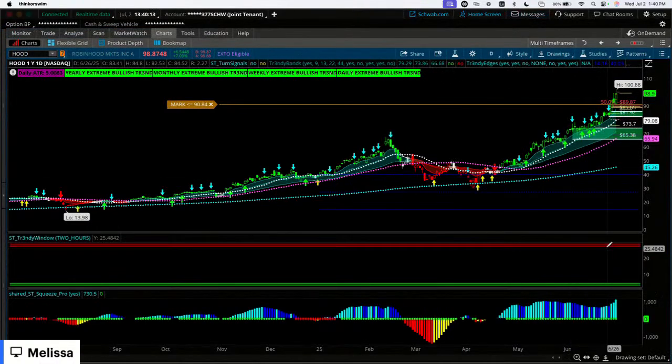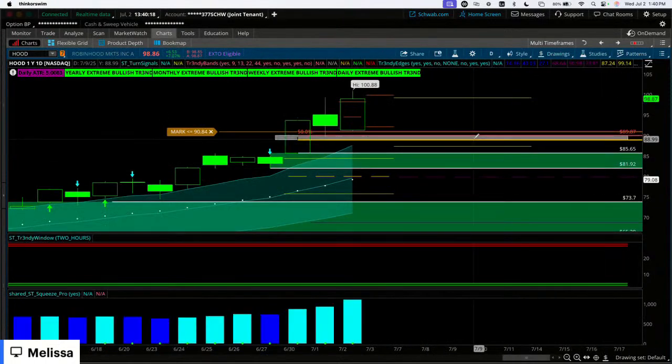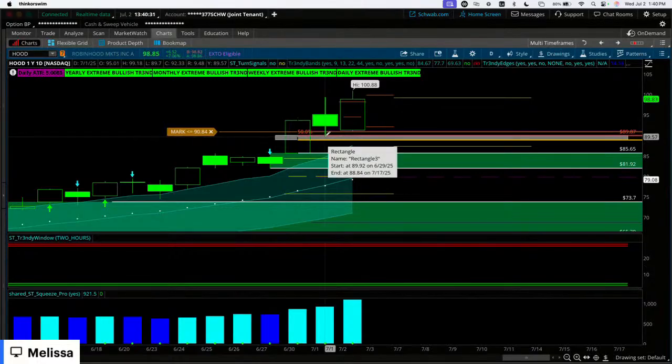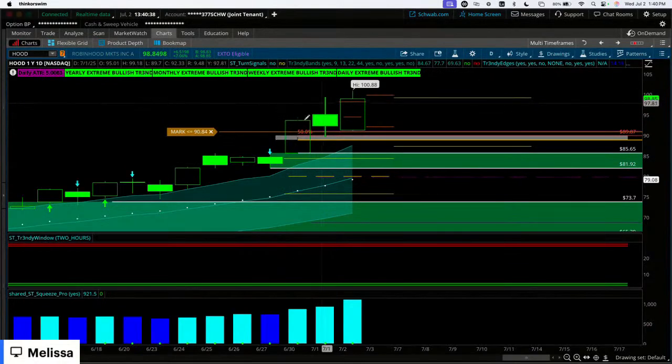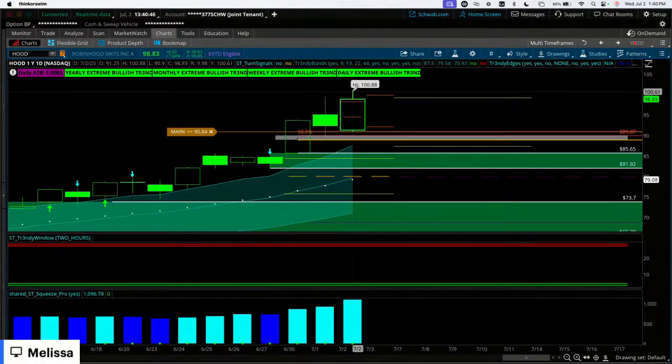So, unfortunately, this was not one of them that I entered, but I want to show you the beautiful bounce yesterday when the market in Q pulled back, Hood pulled back with it, and we got an opportunity to enter in the golden pocket here of this recent rally right here. Came right into the golden pocket and actually today has made new all-time highs.